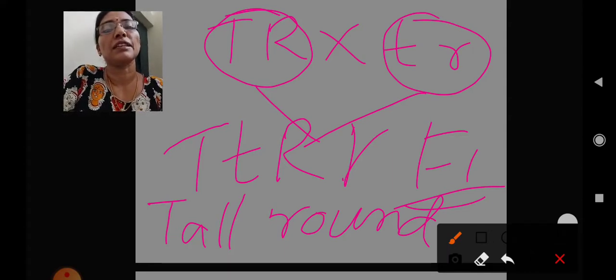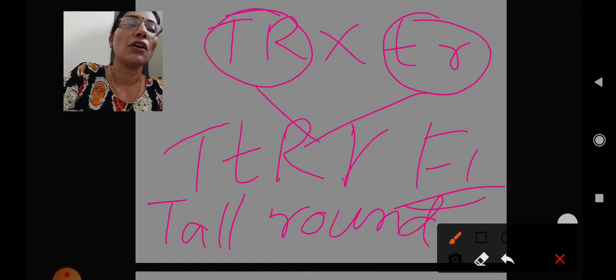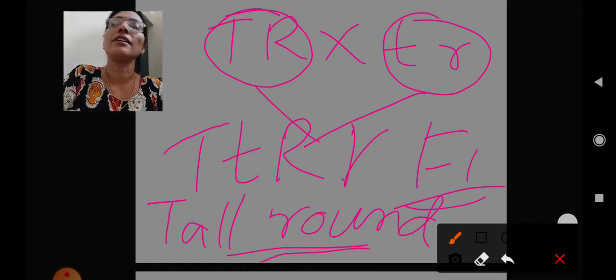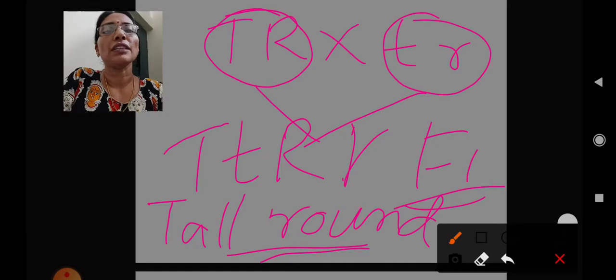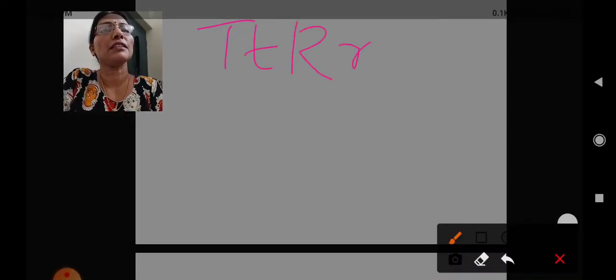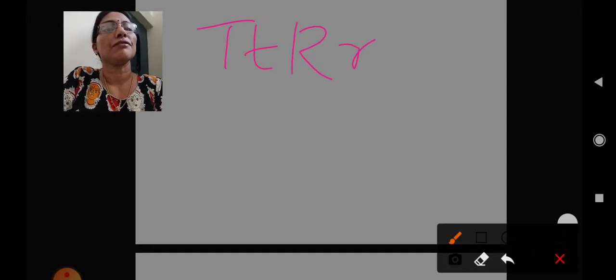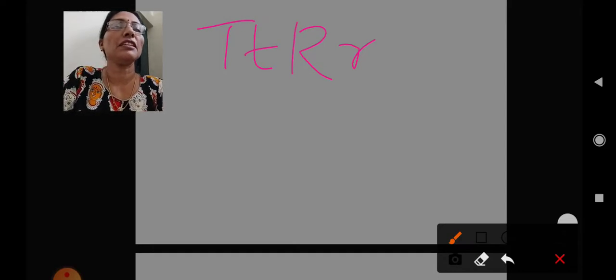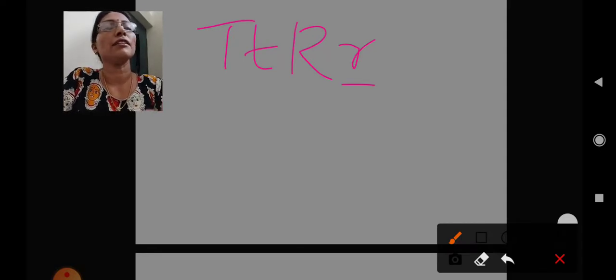Capital T is the nature for tallness. So all the seeds are tall and round, because if one factor is dominant, then it shows the dominant nature. That is why this is tall and round.